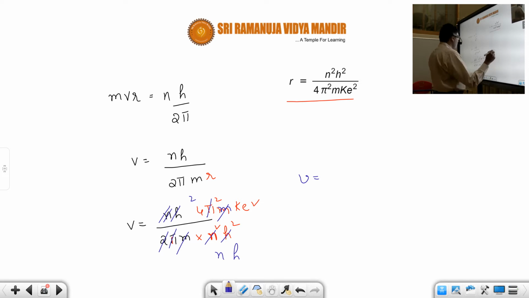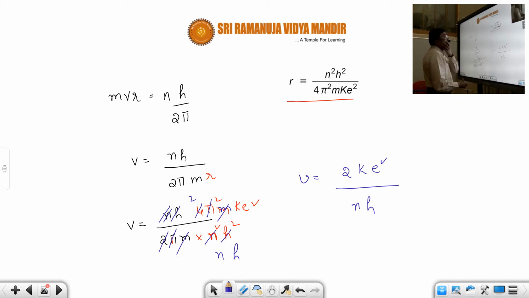Velocity is equal to, have a look, here you got 2 pi k e square by n h, and here you got a z also. So this z goes up, so here z. I hope you are clear.